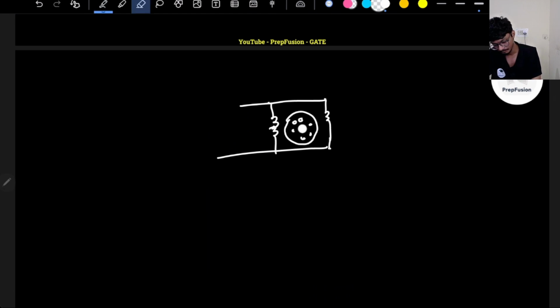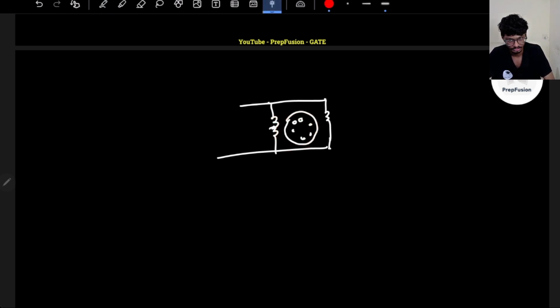I am not referring to the rotor circuit for now. Okay. Now the thing is, both the windings are there.